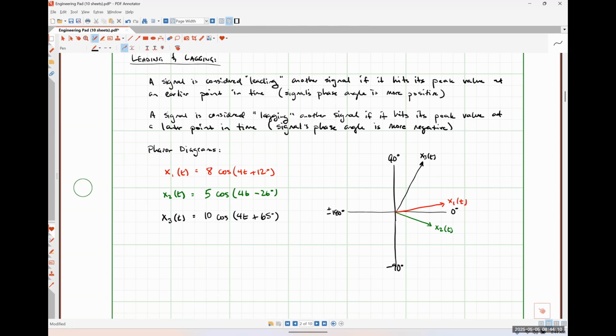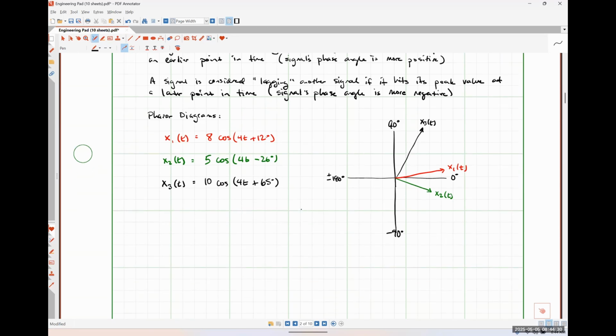So we could use a diagram like this to figure out by how much one signal leads or lags another signal, okay? And so I want to explain what that process is to you guys. So Teresa, pick X1, X2, or X3. X2, okay? So let's say by how much does X2, Cody, pick lead or lag?